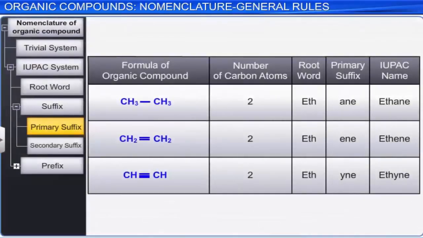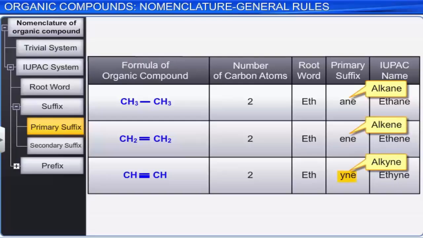A primary suffix is added to the end of the root word. It indicates if a compound is saturated or unsaturated, that is, whether the compound consists of single or multiple bonds. The 3 primary suffixes are ane for alkane, ene for alkene, and yne for alkyne.